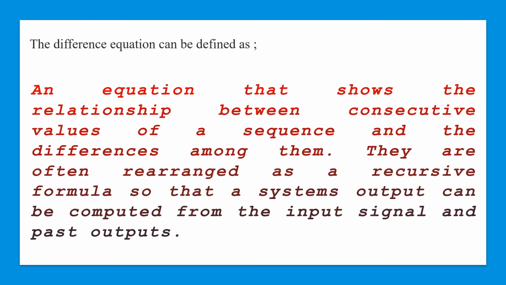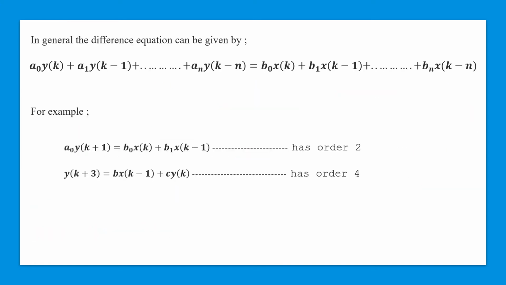They are often rearranged as a recursive formula so that a system output can be computed from the input signal and past outputs. In general, the difference equation is given by a0 y(k) + a1 y(k minus 1) up to an y(k minus n) is equal to b0 x(k) + b1 x(k minus 1), and so on.